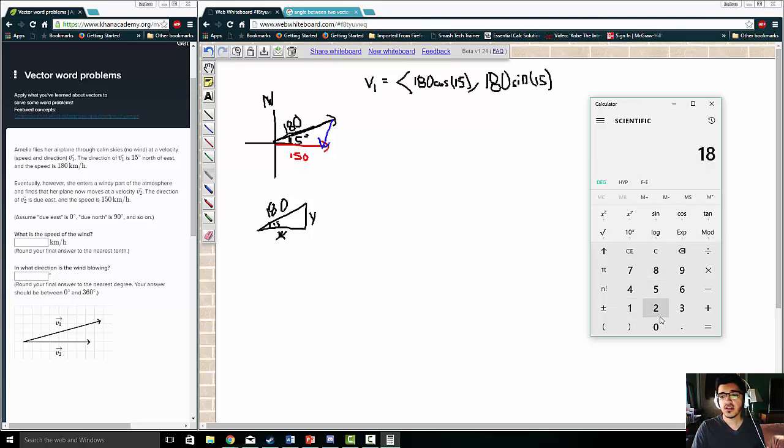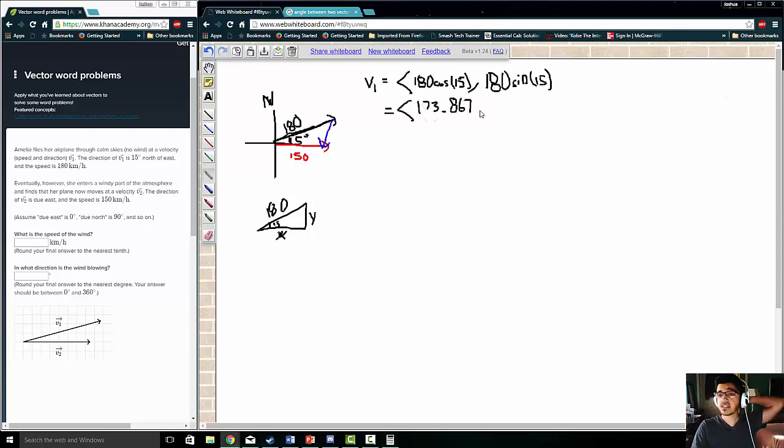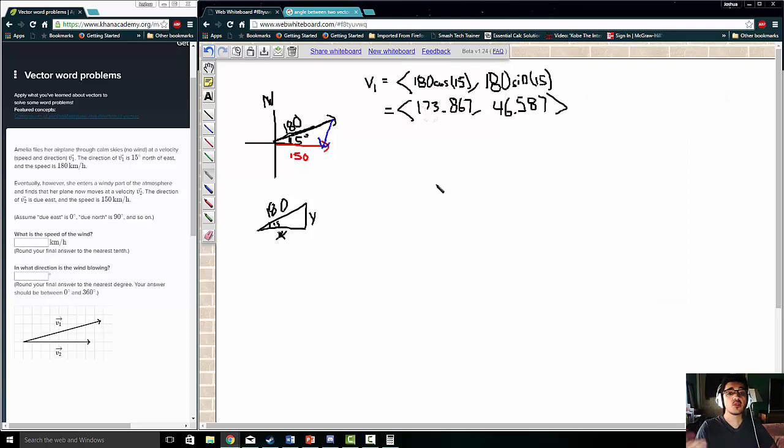So 180 times 15, make that into cosine. That's what we wanted. This is the value of cosine. So now we press equals, and that's going to give us our value: 173.867. That's our x component. And then our y component would be 180 times sine of 15, which is 46.587. Nice.